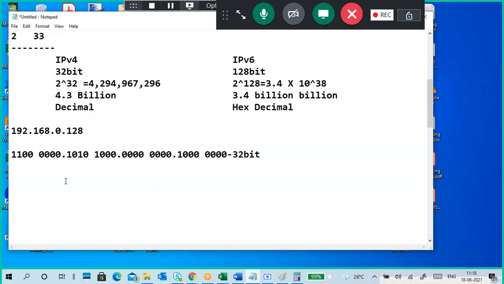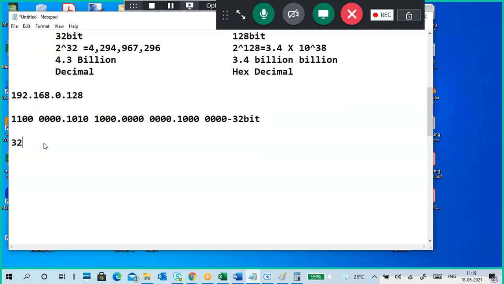This IP address is actually 32-bit, right? So how to write a number in the form of network and host? They divide this 32-bit into 4 parts. What is 32 by 4? 8. Very good.